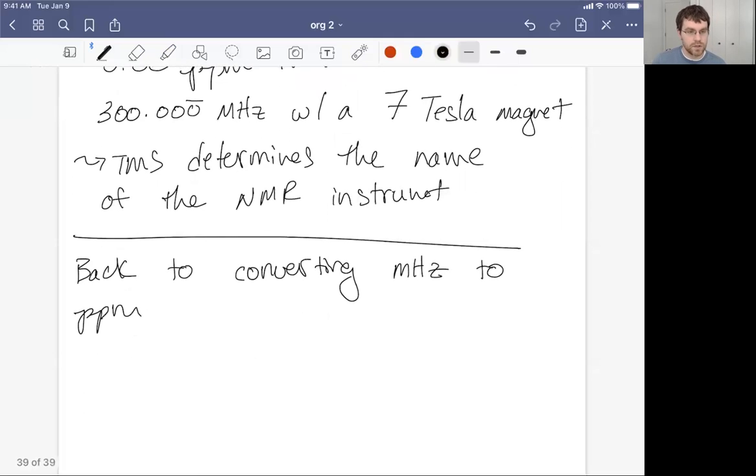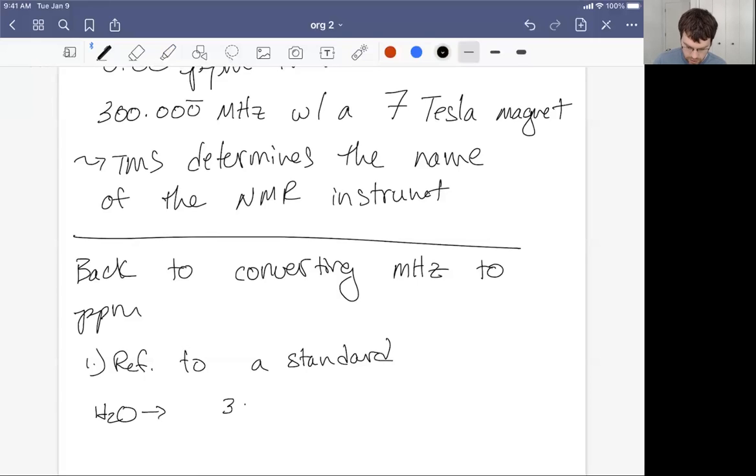Okay, so what we want to do is first reference to a standard. In our example, our example was H2O, which has 300.000456 megahertz, and our standard is TMS, which is 300.